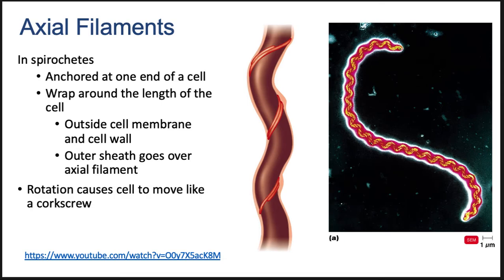And then we learned about axial filaments, which are also a motility structure that all spirochetes have, and it's anchored at one end. It wraps around the cell, and then that whole structure is covered in a thin covering called a sheath.